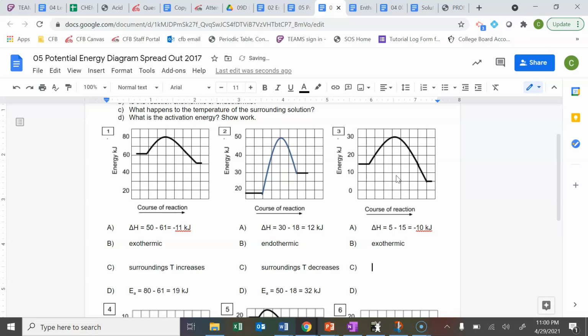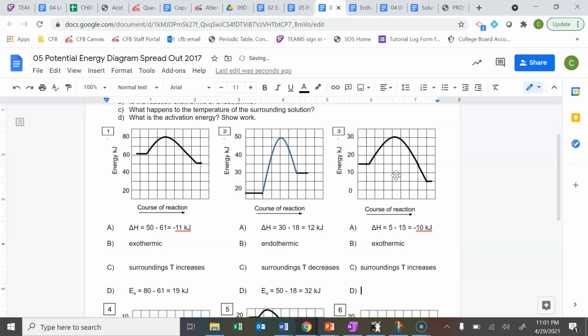Endothermic or exothermic? Well, we have a negative delta H, so it's exothermic. If it's exothermic, the surroundings temperature increases. Oops. And that doesn't fit here, but let's just do this. There we go.